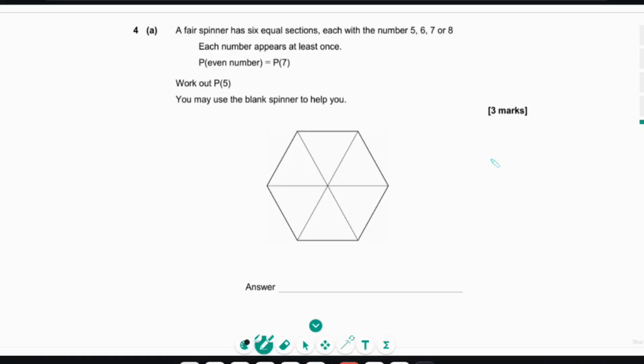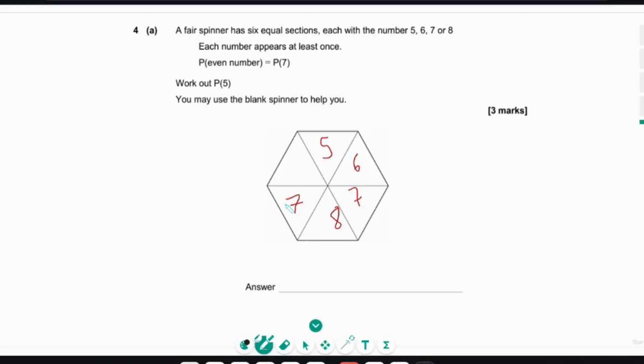Question 4. A fair spinner has 6 equal sections, each with the numbers 5, 6, 7 or 8. Each number appears at least once. The probability that we get an even number is exactly the same as the probability we get a 7. Work out the probability we get a 5. You may use a blank spinner to help you. So at the moment we've got 2 even numbers, so I'm going to have to have a number 7.